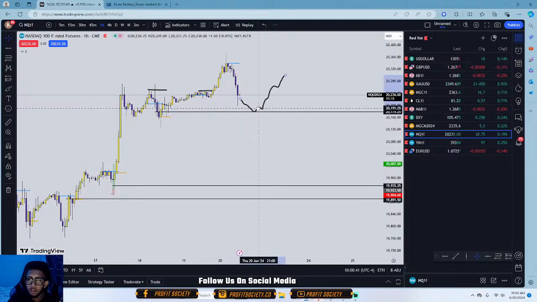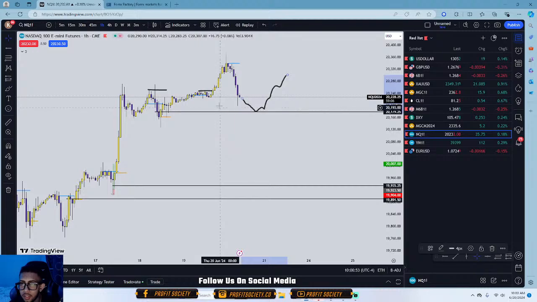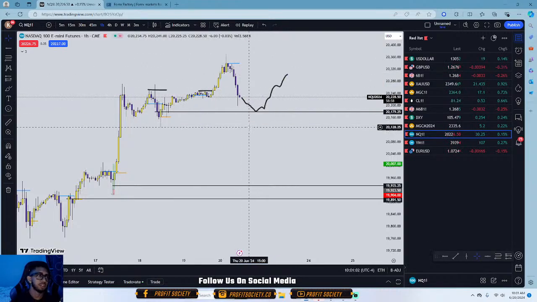I did drop an analysis on NQ in the Discord, I would say a day or two ago. It was actually yesterday is when we dropped this over here. I still am looking for this to play out. This is a retracement day right now that we're getting.